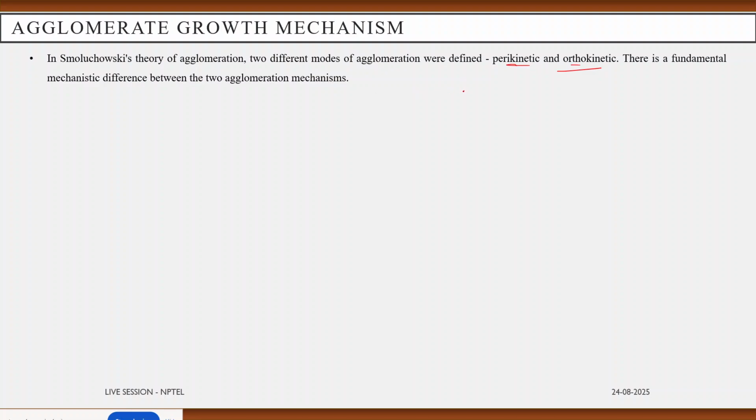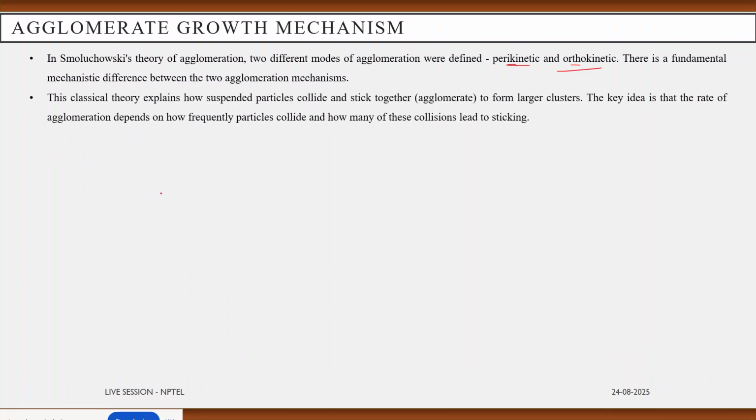This classical theory explains how suspended particles collide and stick together to form larger clusters. The key idea is that the rate of agglomeration depends on how frequently the particles collide and how many of these collisions lead to sticking. First we are going to discuss the perikinetic agglomeration process.